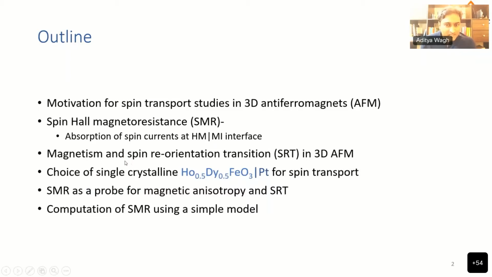Then I will talk about magnetism and spin reorientation transition in 3D antiferromagnets. Then I will also highlight why we are choosing this particular material for spin transport. Then at the end, I'll discuss our spin transport results, and how we understand them using a computation of the SMR using a simple model.